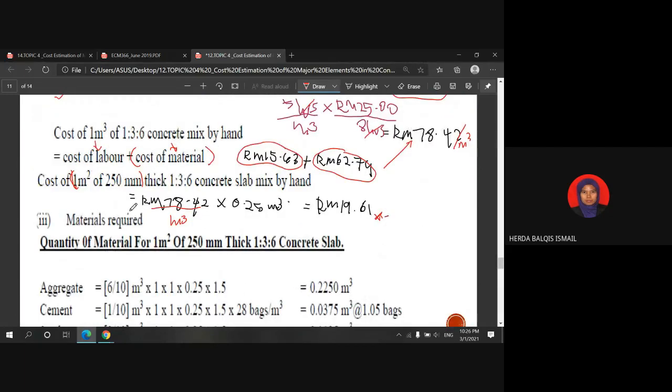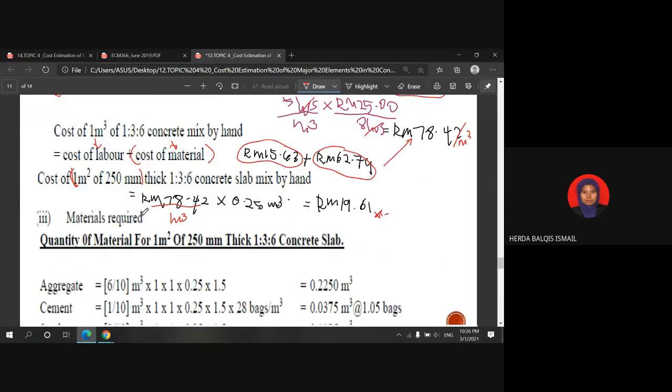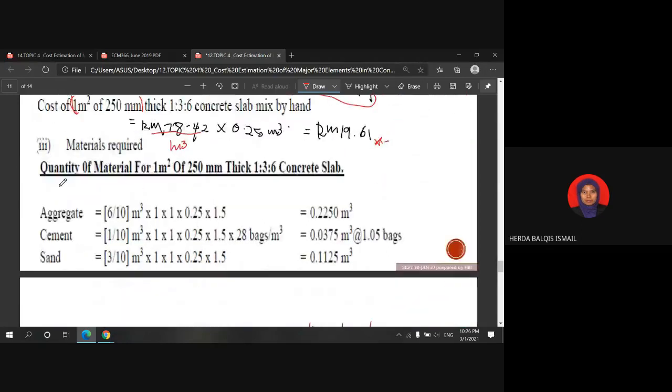Material required. Here we want to calculate the quantity of each material: the cement, the sand, and also the aggregate. We know the ratio, 1 to 3 to 6, so the total is 10.